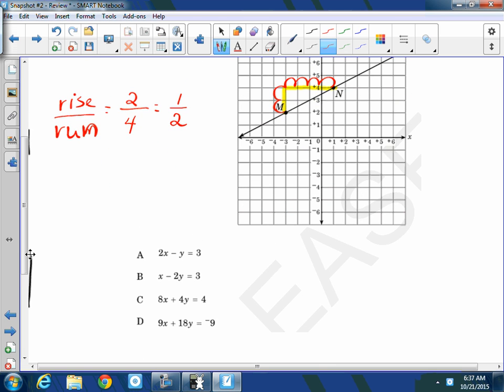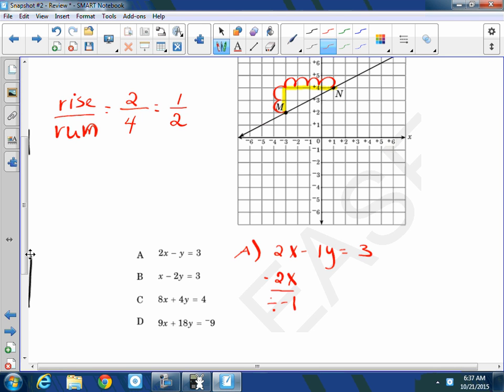Now the problem is that none of these ones in here are slope-intercept form, so I'm going to have to change them to that. Now I only need the slope, so I don't need to worry about anything else. So for letter A, 2x minus, I'm going to go ahead and write down my invisible one because that invisible one is negative and it will make a difference. I'm going to have to say minus 2x. And then I'm going to have to divide by -1.